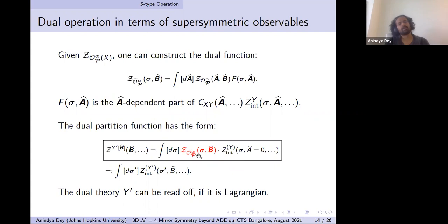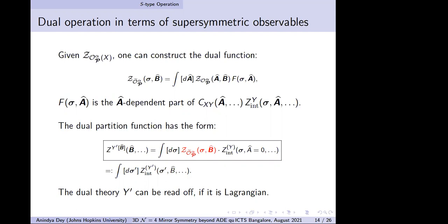Otherwise, you can probably look at the global symmetries of the mirror theory and so forth. But if Y prime turns out to be a Lagrangian theory, then you can simply read out everything from this dual partition function. So that's how the map O and the map O tilde are implemented at the level of the partition function. Let me pause here to take questions if there are any.